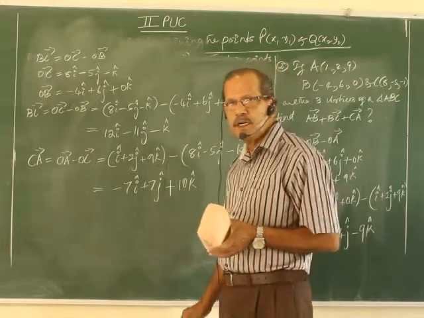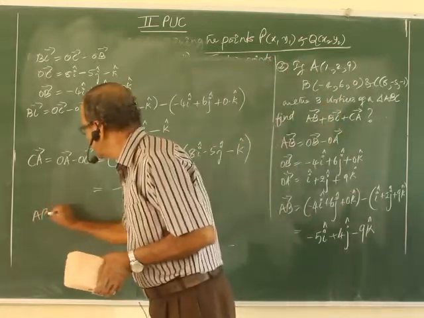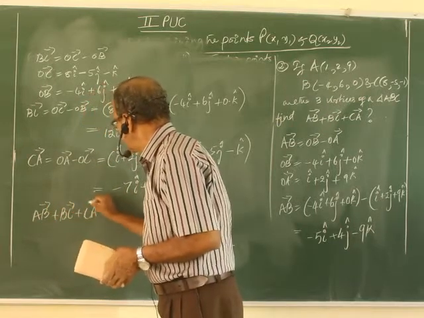Now the question is not over. Find AB plus BC plus CA.